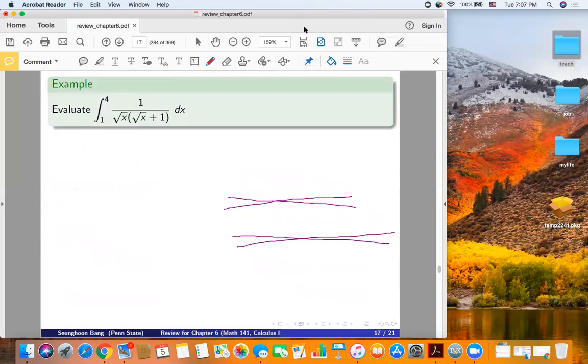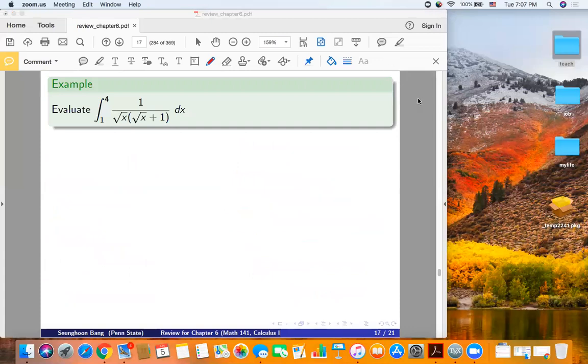The next one: how can you solve this problem? Could you use a formula? We learn five methods for solving integral problems. The first method is using an integral formula. The second method is u substitution.